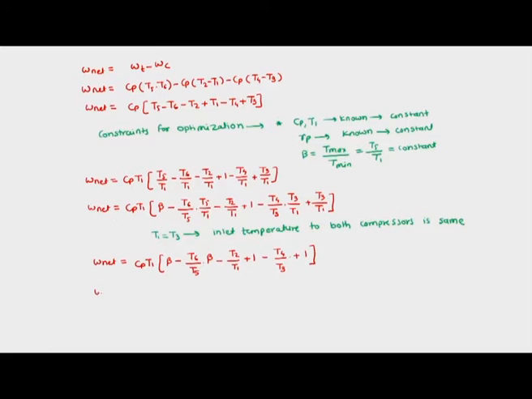So we have W net equal to Cp T1 [beta minus T6 by T5 into beta minus T2 by T1 minus T4 by T3 plus 2].